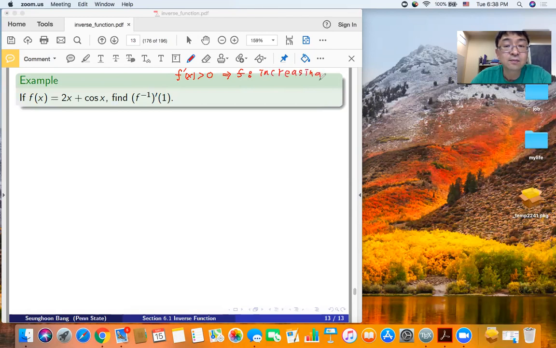If f prime of x is less than 0, function f is decreasing. This is the increasing, decreasing test.